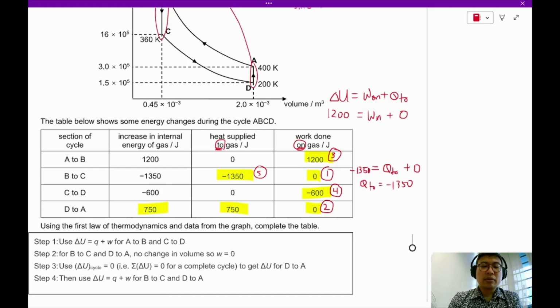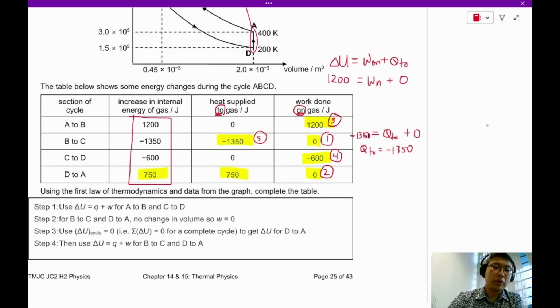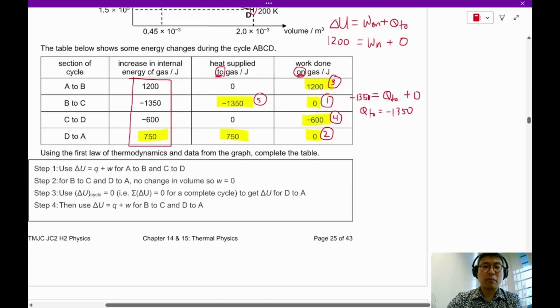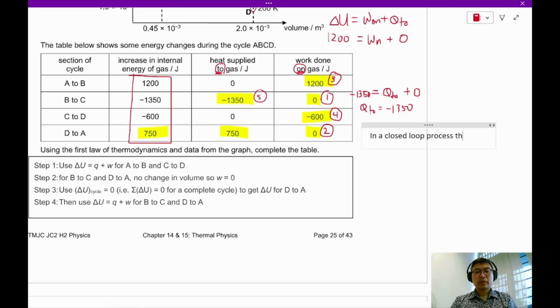Now, the last line that we can do over here will be the line D to A. In D to A, we will use the principle that in a closed loop process, the sum of all the delta U will be zero.